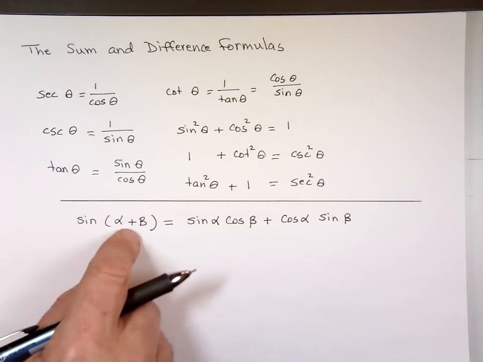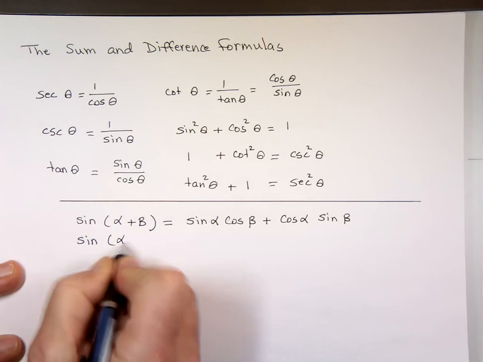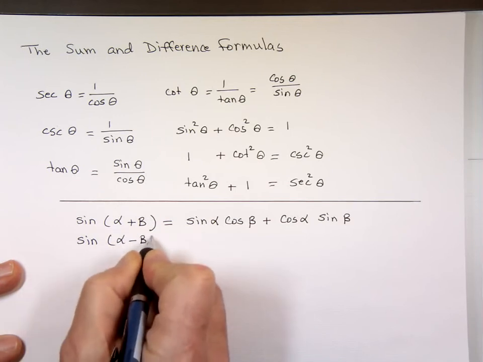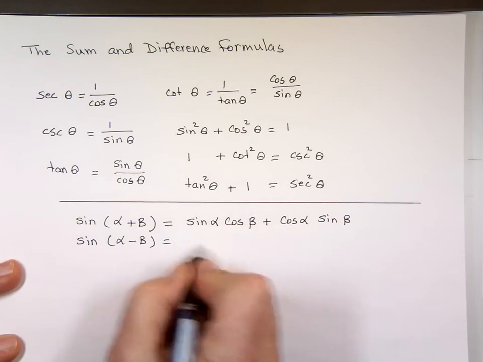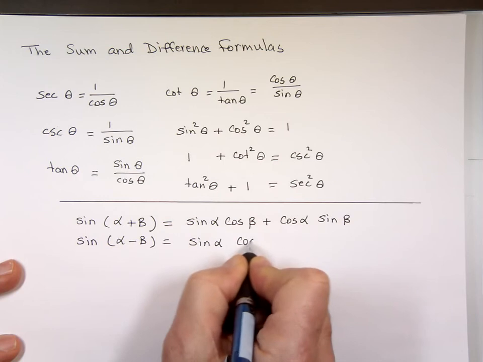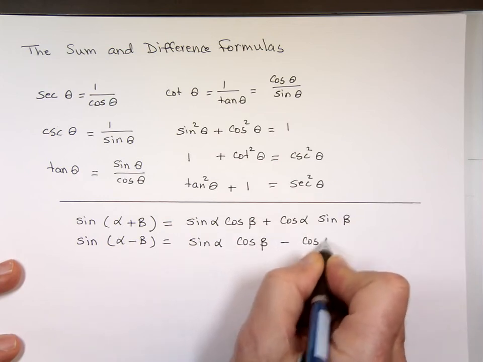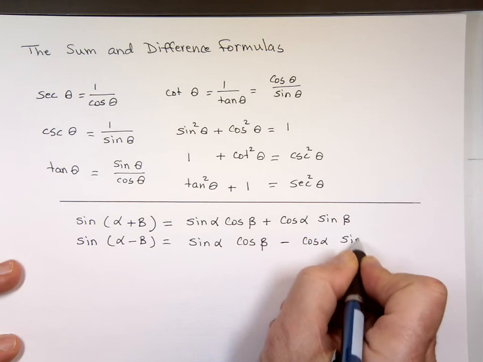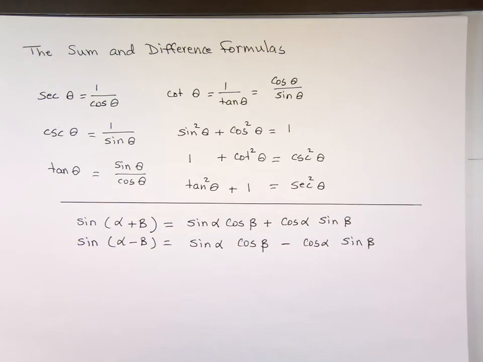What about when this is minus? The difference here. It's the same thing except that sign is negative. So that's what? Sine alpha cosine beta minus cosine alpha sine beta. So in a lot of math books, instead of writing this twice, I'll try to use these markers.